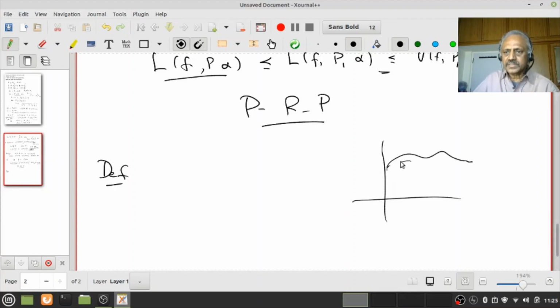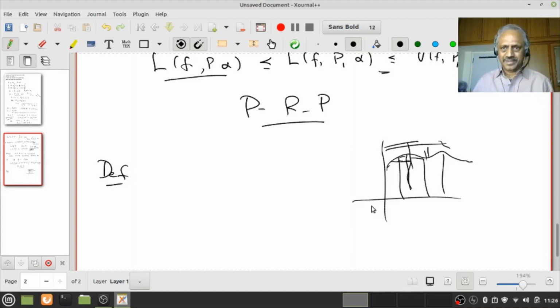I want to exhaust it from inside, and I also want to approximate it from above. Are you following? That is, I want to approximate the area under the graph both from inside as well as from outside. That is the kind of symmetry I want, right?